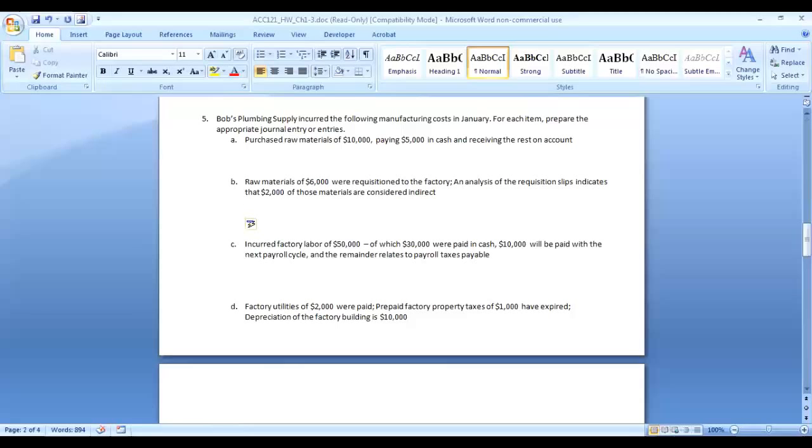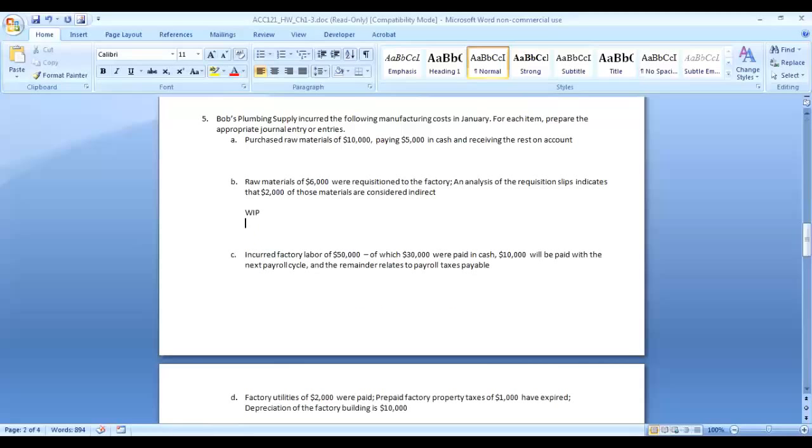Work in process and overhead, right? Yeah. So which costs go to work in process? 6,000? It'd be 4,000, 2,000. Yeah, careful there. Not the full 6.